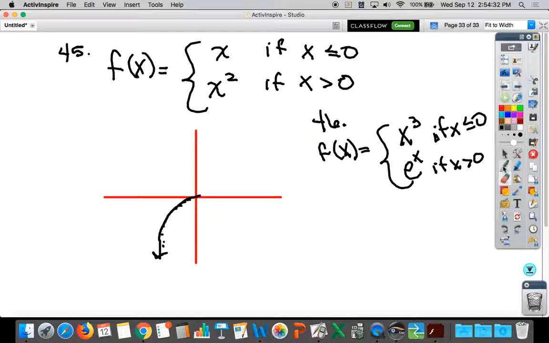Okay, now on this one, if I drew an exponential, this is where I'm going to get a little bit picky even though it's a sketch. An exponential goes not through 0 but through 1, correct?